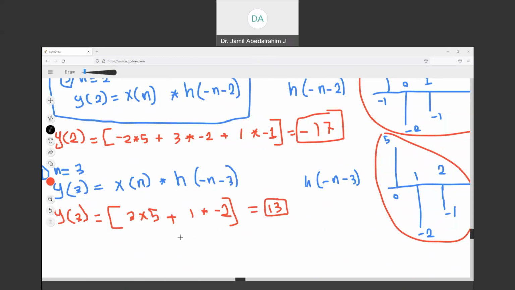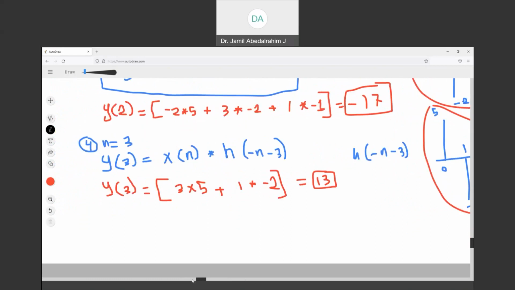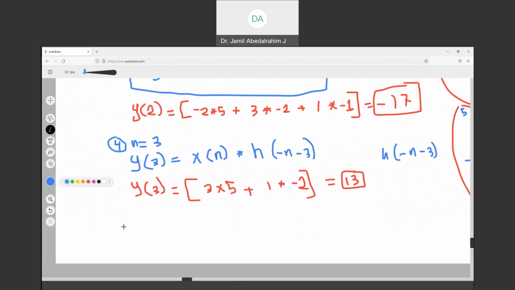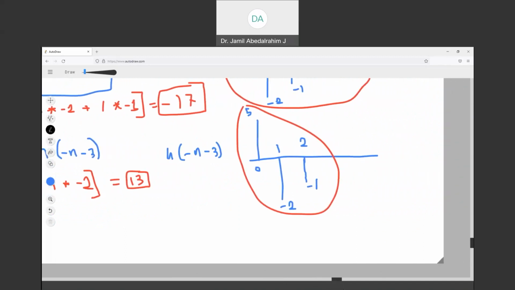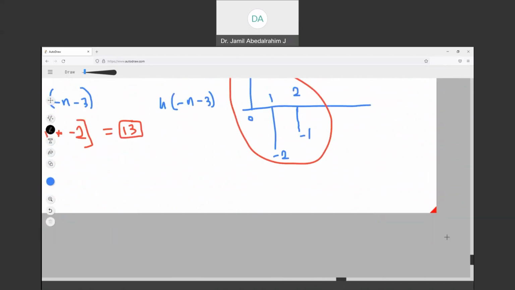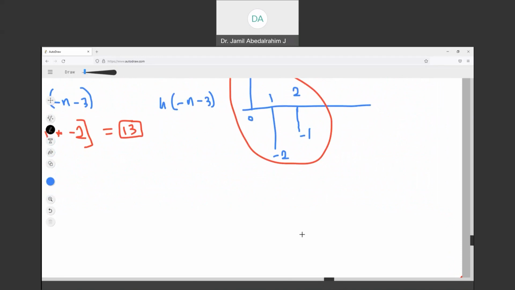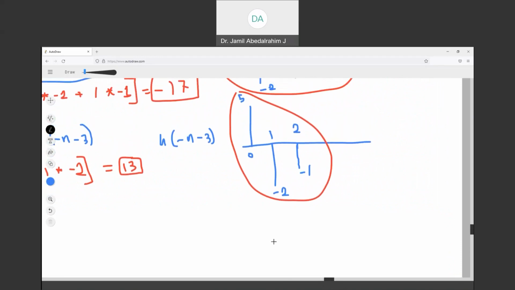Now the next step. We continue, when n equal 4. As I said, we do shifting by 4 to the original h of negative n, or we do shifting by 1 only to the last one, which was already shifted by 3.